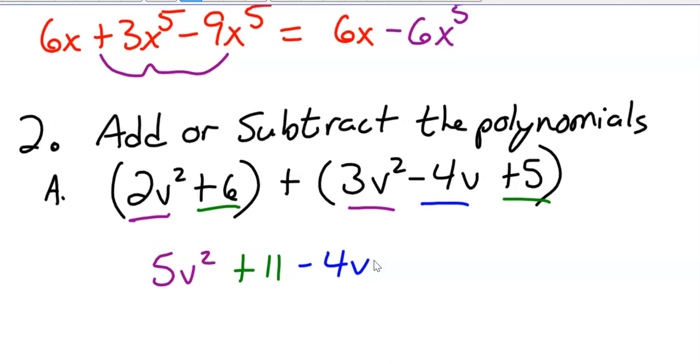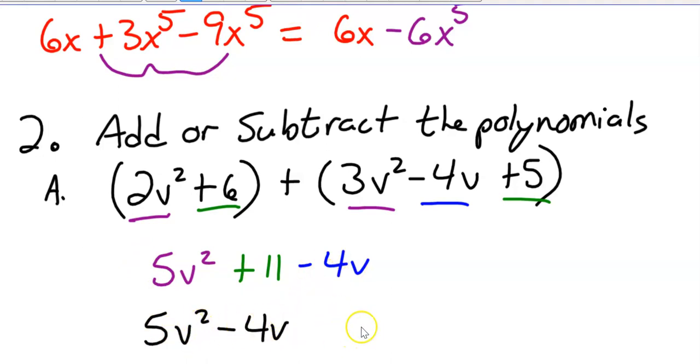Now, you don't have to do this, and they shouldn't ask you to do this in the answer yet, because I don't think they've talked about it. Where you put the numbers doesn't really matter, but most of the time the way most people like it is to have the highest power term first, and then go in descending order of powers. So if they talk about writing anything in descending order, you would take the answer you got here and start off with your highest power v, then just start counting down.